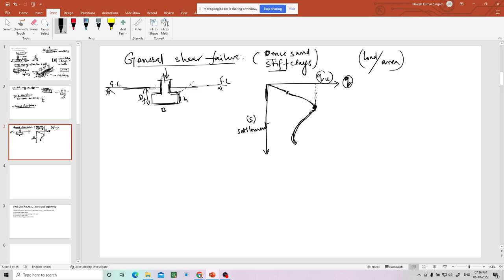The load settlement curve will look like this, and let me erase this B. And how do the failure surfaces occur under the footing, I will show you now. They will occur like this. There will be different zones formed.